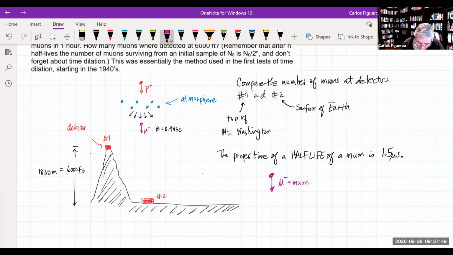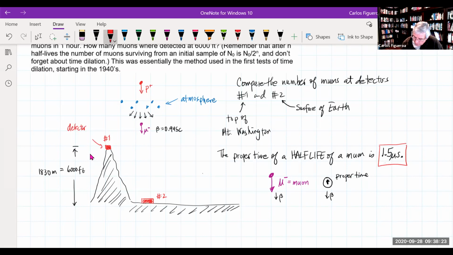So if I have a clock now, okay, this is the proper time of the muon. What do I mean by that? That means that the muon is moving at beta, the clock is moving at beta, and so when we measure these two simultaneously, we get a half-life of what? 1.5 microseconds.